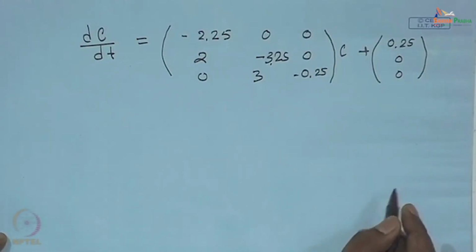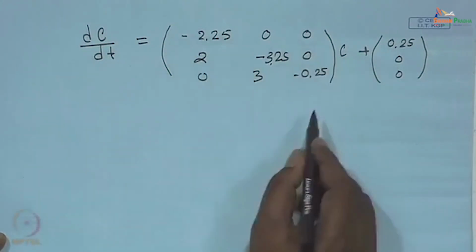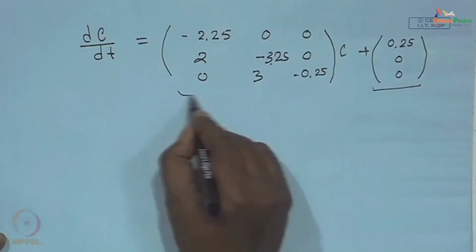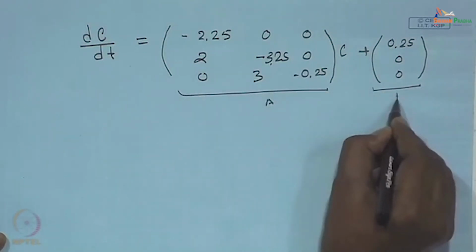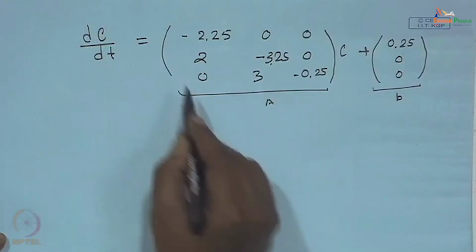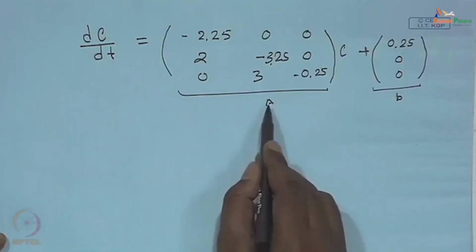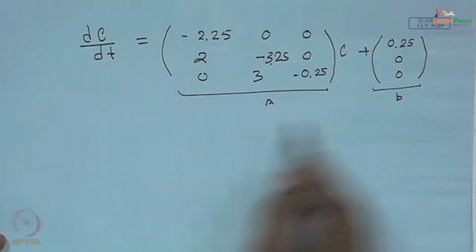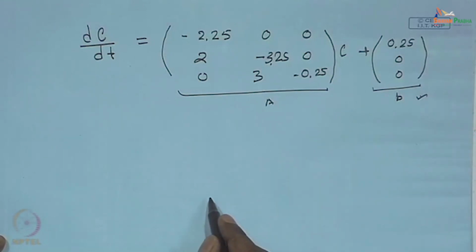So, this is the non-homogeneous term, this is the A, this is B. So, dc/dt is in the form of Ax plus b, where b is the non-homogeneous term. Now, we are going to solve this equation.